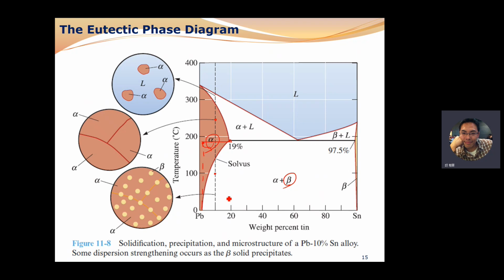Initially you only have one solid solution phase, alpha. And if we keep cooling down to this point, the second solid solution phase forms. Can you tell the difference?